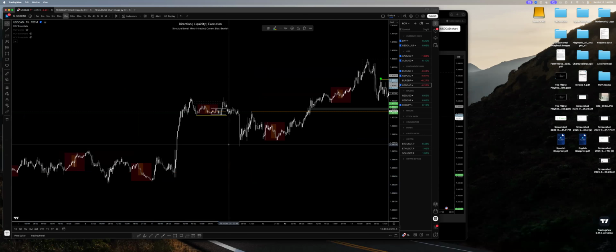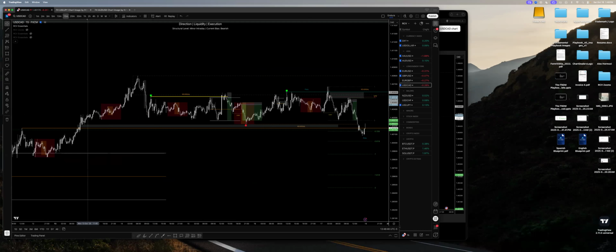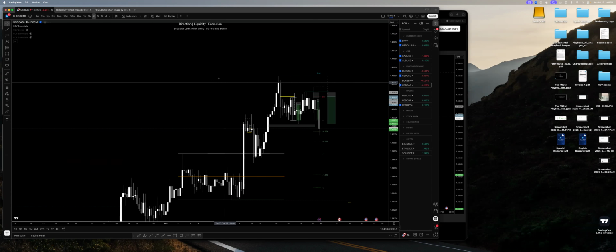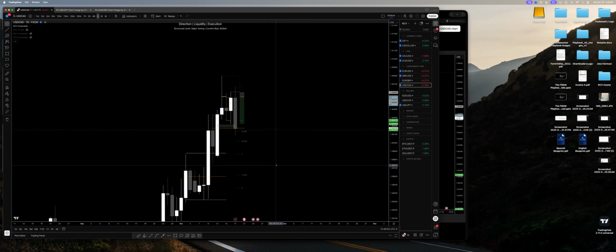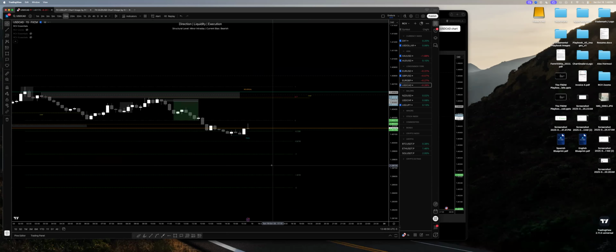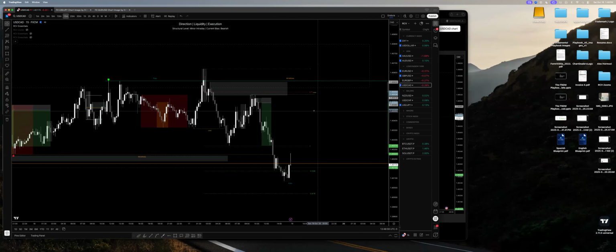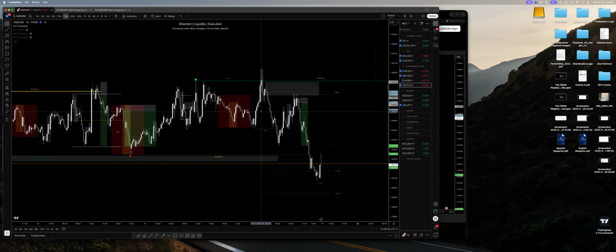So if we have a daily candle, right? Let's say we have this big daily candle here, that is composed and built by intraday moves, right? Because obviously here we have the open of the day, right here.